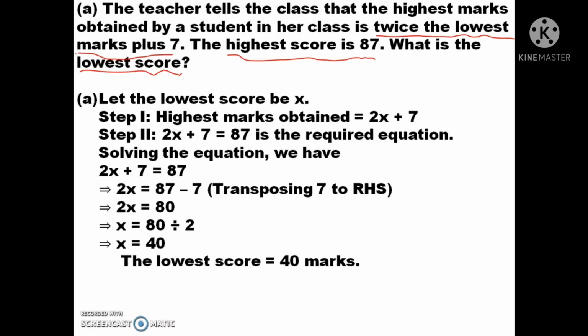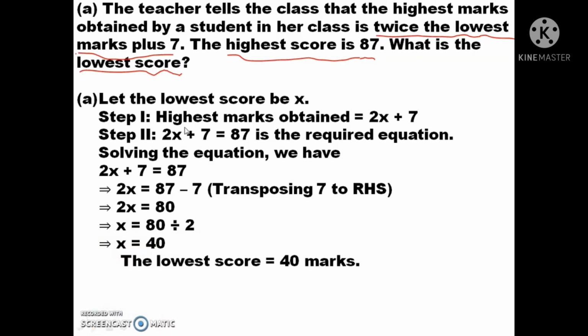So, the quantity which you have to find will be taken as the variable. What did I say? The quantity which you have to find is the variable. So, in this question, you have to find the lowest score, so you are going to take the lowest score as the variable.